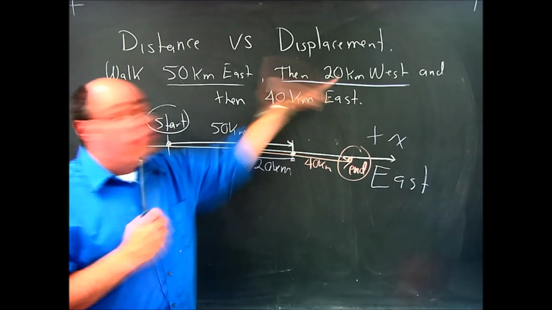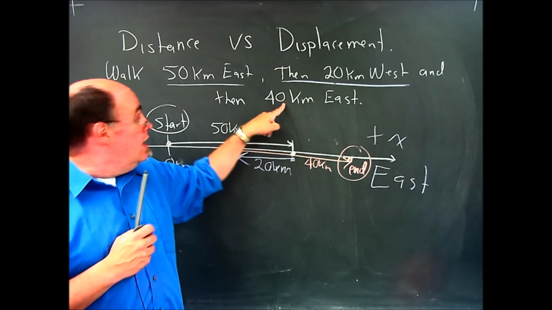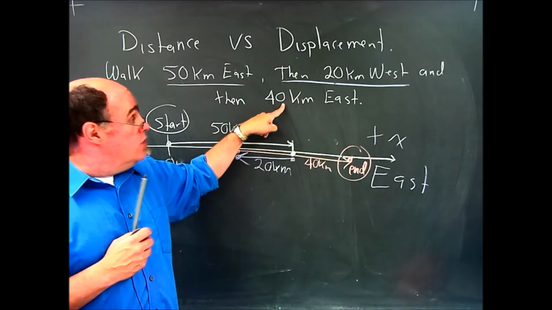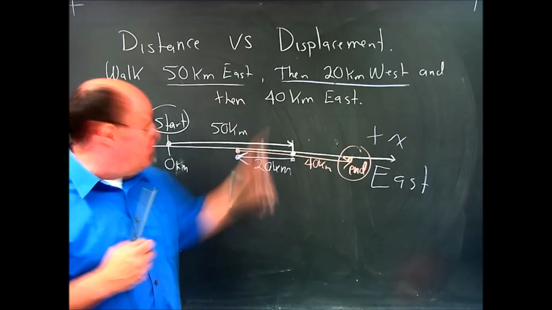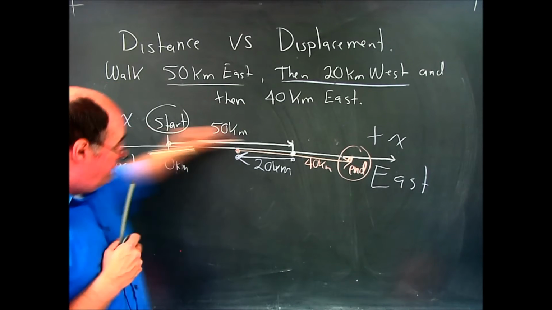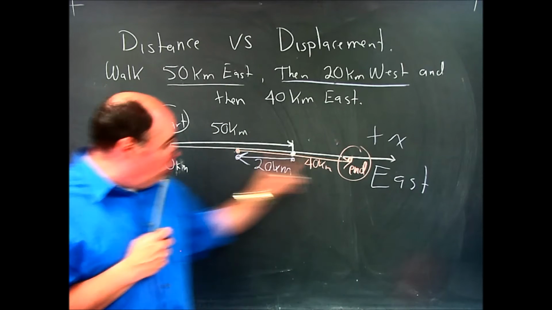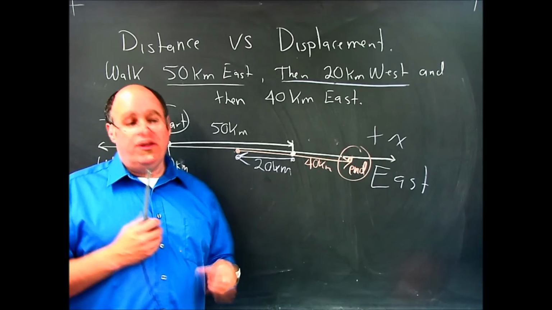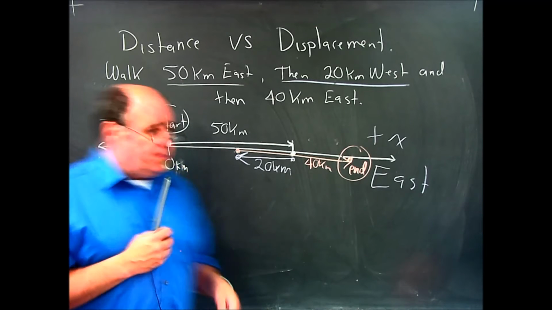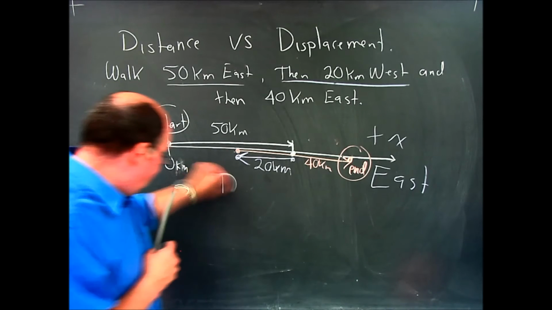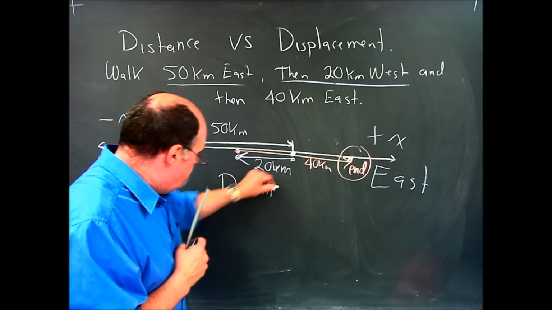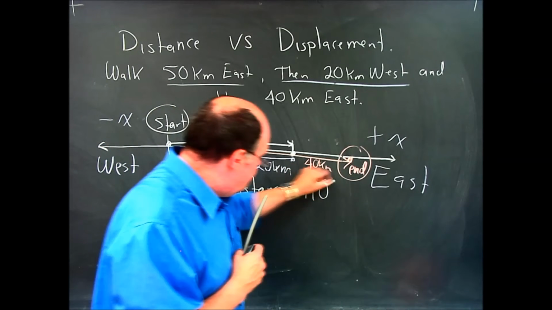And then they went 40 more kilometers, and that would be 110. So if you add up all of these kilometers, the car physically traveled 50, then went backwards 20, and then went forwards again 40. Their odometer would have gone through 110 kilometers. So distance equals 110 kilometers.